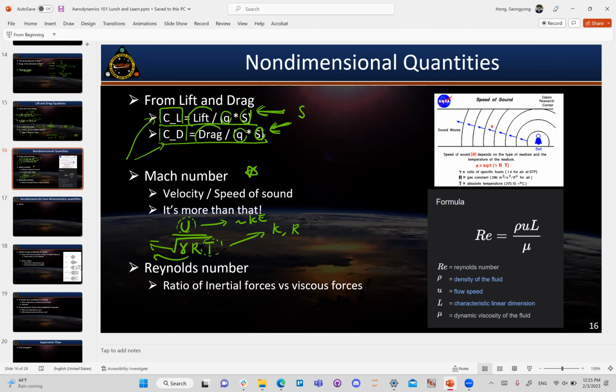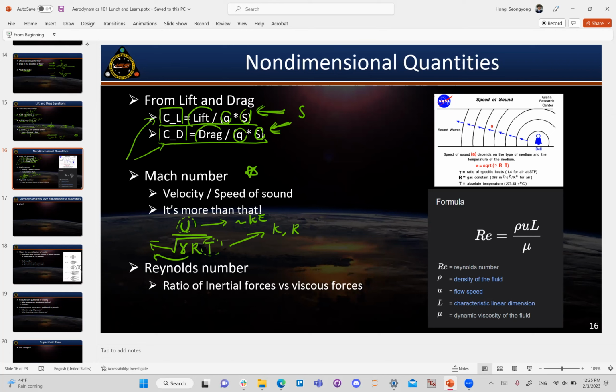Another thing, maybe less popular but just as important or even more important in the aerodynamic world, is something called the Reynolds number. This is also unitless, and it is the ratio between the inertial forces and the viscous forces in a fluid. As a fluid is moving, it has momentum, so it has inertial force.